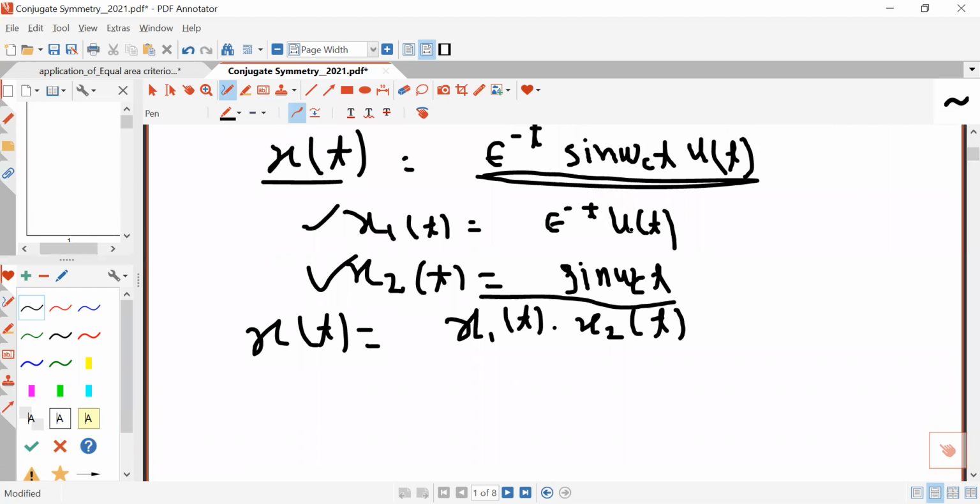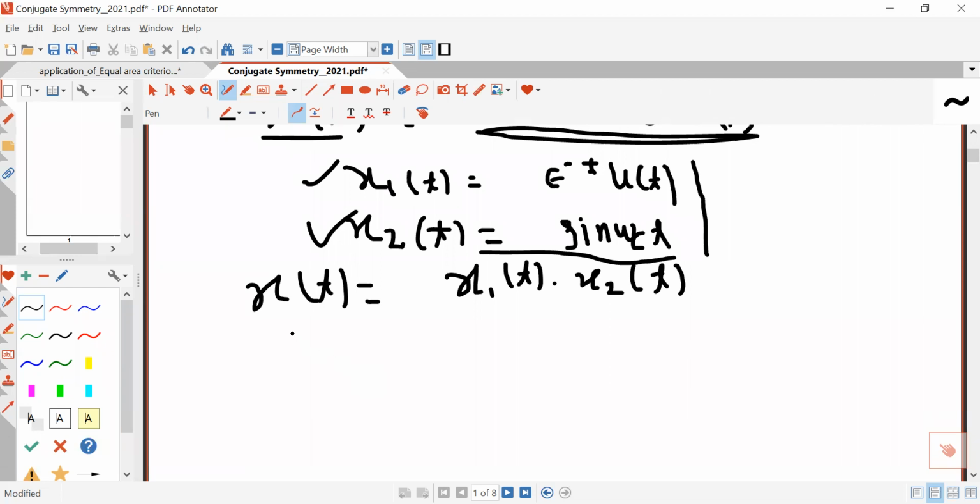Now, if x1(t) is e to the power minus t u(t), then what will be the value of X1(omega)? In the previous lecture, I have derived the formula for the Fourier transform of e to the power minus t u(t), which is 1 by 1 plus j omega.